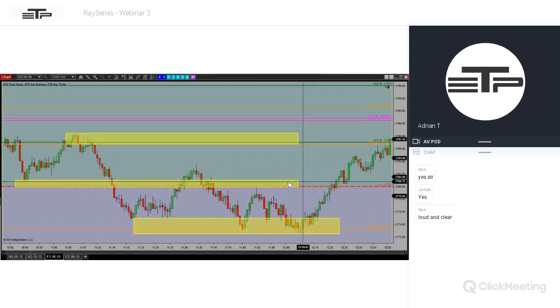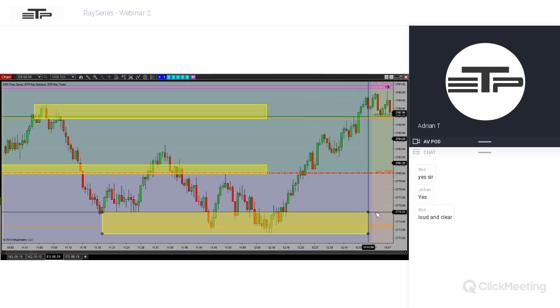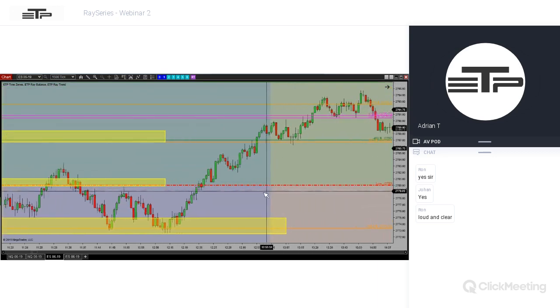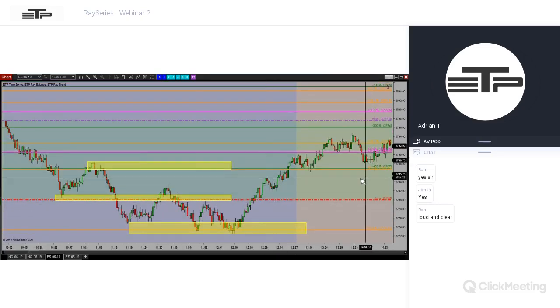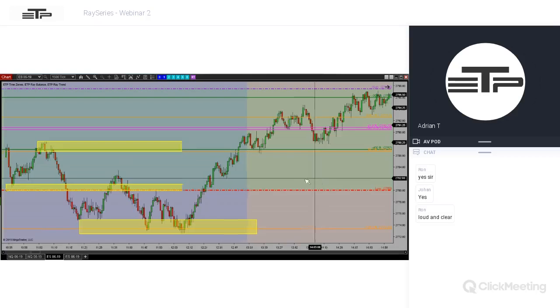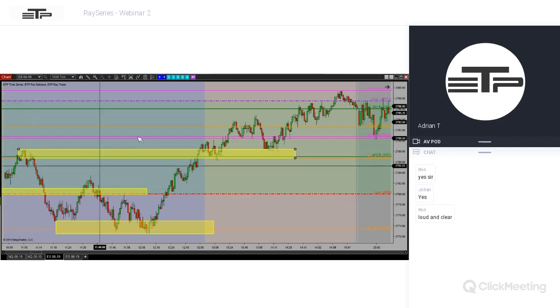Now let's move on to the current trading day, so we go past the red, past the blue. As you can see, even when we're not trading in the red, this high with this fib confluence, this zone is extremely well respected.